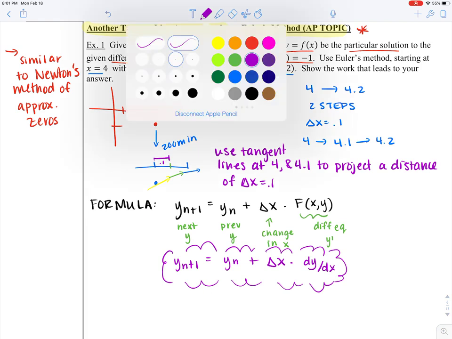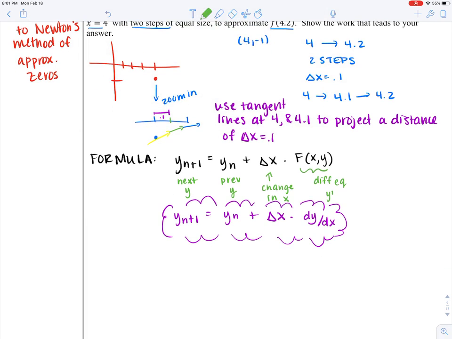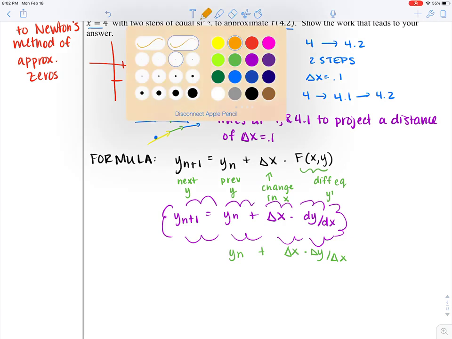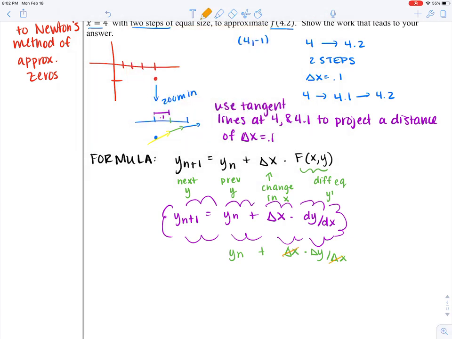Now, why does this work? The reason this works is because if you think about dy dx as delta y over delta x times this plus y sub n, what's really going to happen is my delta x's are going to cancel out, and it really is just saying y sub n plus 1 is equal to the previous y plus the change in y, because what we're interested in finding is y values, okay?